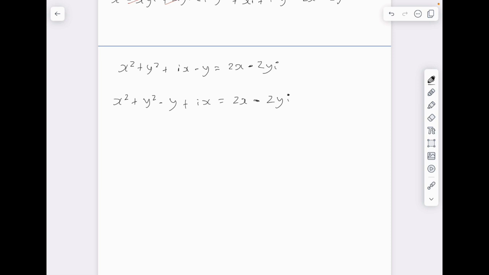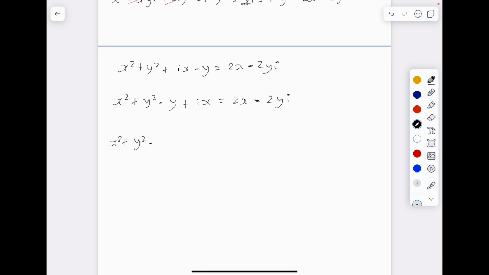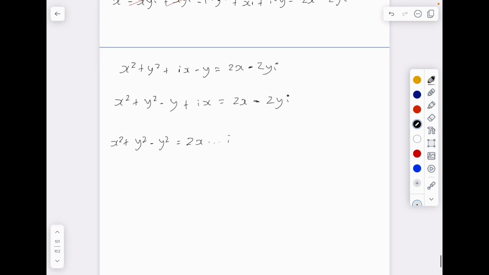If we compare like terms here, what are we going to get? x squared plus y squared minus y is going to equal 2x, whilst x is equal to negative 2y. Okay, so x squared plus y squared minus y is equal to 2x. That's our first one. And we've also got x is equal to minus 2y. That's the second one.